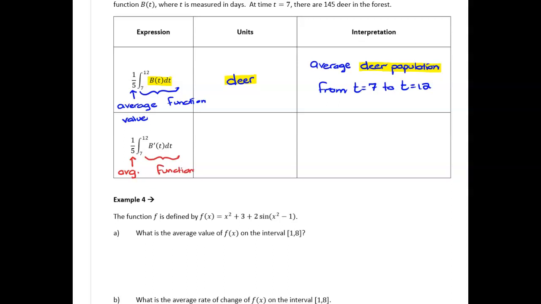All right, so for this one, this is not our average deer population. This is our average rate of change in the deer population, and that would be from time t equals 7 to t equals 12.